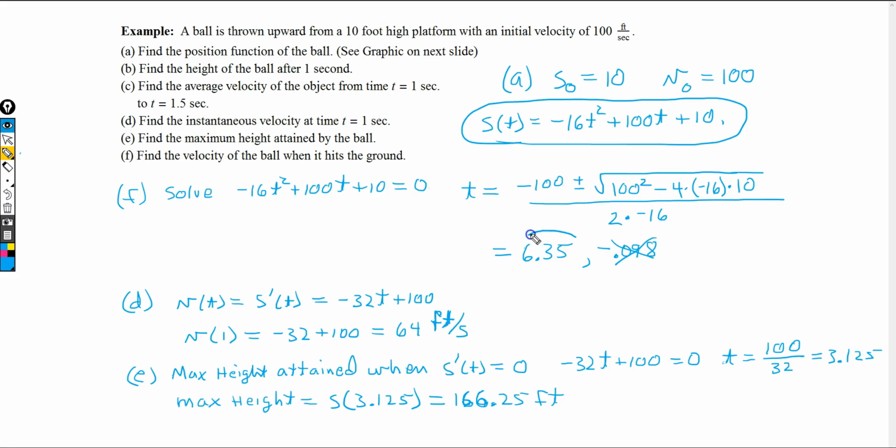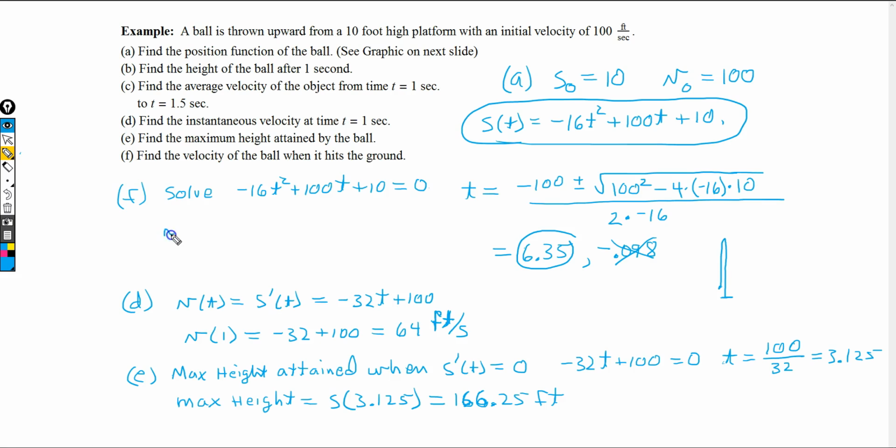So this is how long it will take the ball to go up from our 10-foot high platform, come to a stop, reach its maximum height, and then come back down and hit the ground 10 feet below the ball's starting position. So it'll take 6.35 seconds approximately to do that. So for the velocity of the ball when it hits the ground, we need to take this 6.35 and plug it into our velocity function.